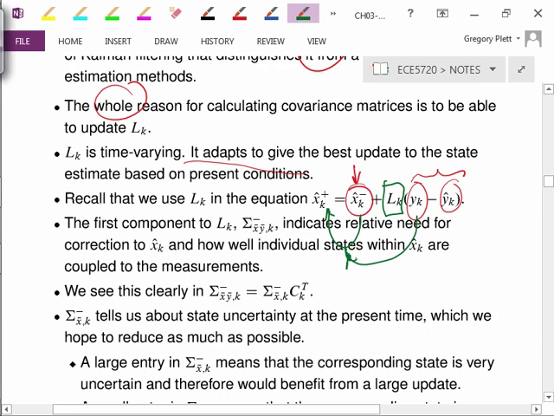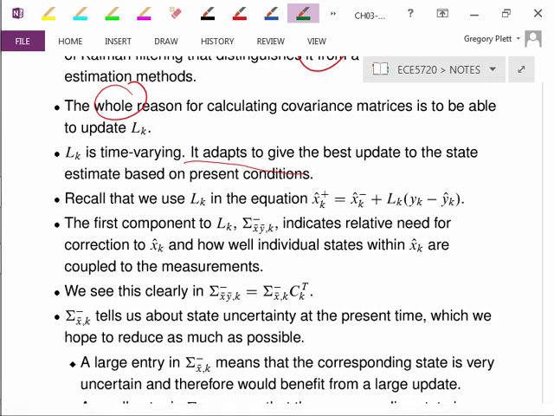If I have a very, very small L, I'm thinking kind of qualitatively rather than quantitatively, because L is usually a vector, and it gets a little tricky to think of big vectors and small vectors. But just thinking generally, if L is a really, really small valued vector, then we are making very, very small updates, and our prediction was almost as good as we could do, is what we're thinking.